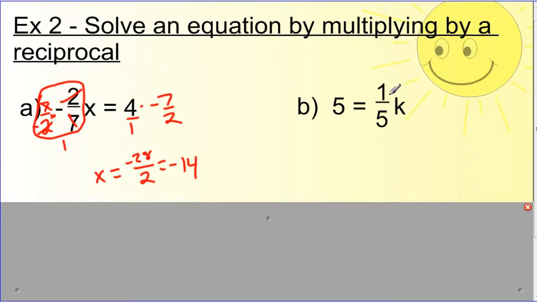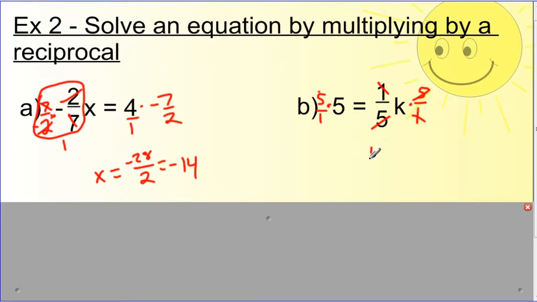Okay? Letter B. My variable is being multiplied by this fraction. So we're going to multiply both sides by the reciprocal. This is the reciprocal of the fraction. Switch the numerator and the denominator. 5 over 1. Now look what happens. 5 in the numerator, 5 in the denominator, cancel. 1, 1, cancel.